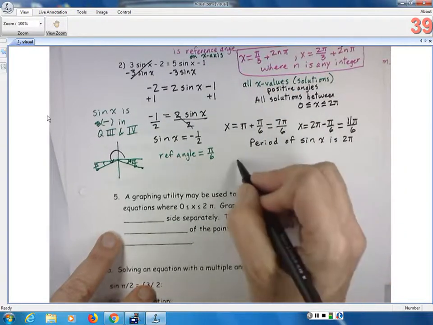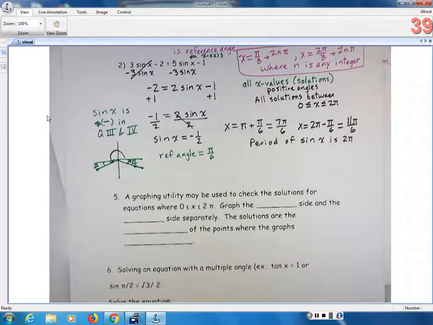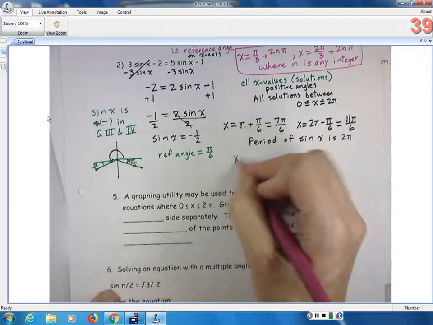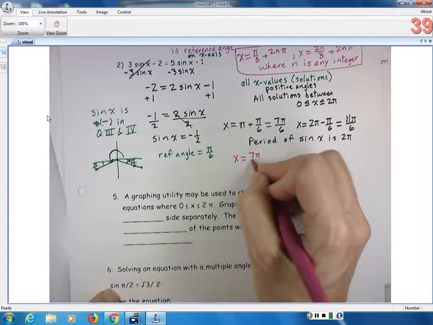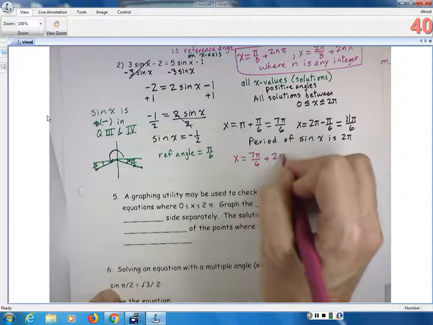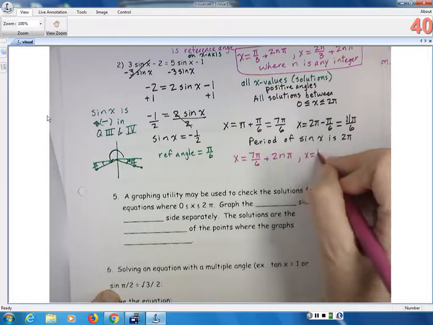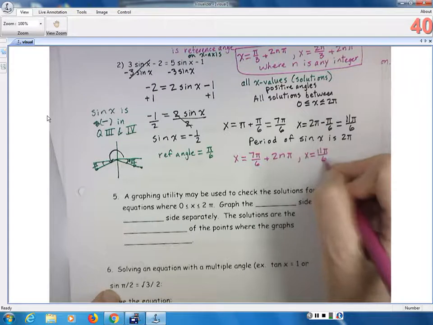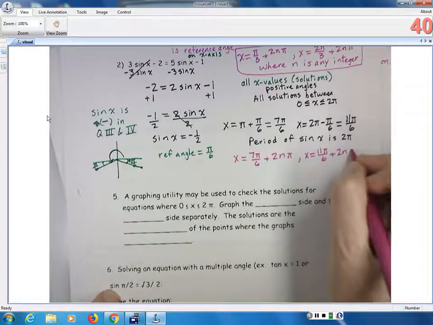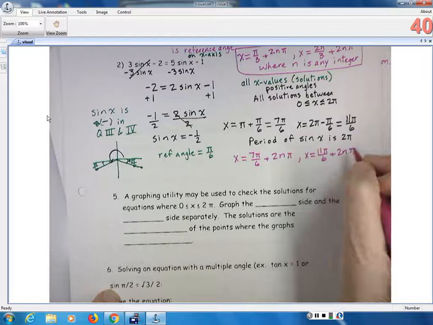So all the solutions: x is going to be 7 pi over 6 plus 2n pi, and x is also going to be 11 pi over 6 plus 2n pi, where n is any integer.